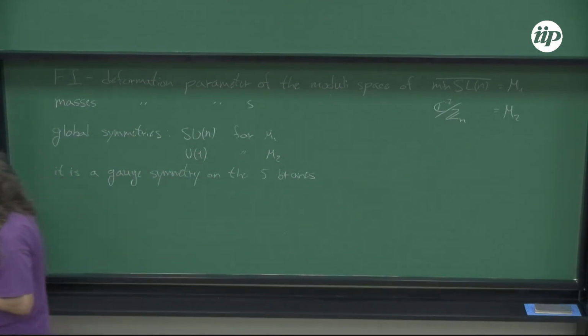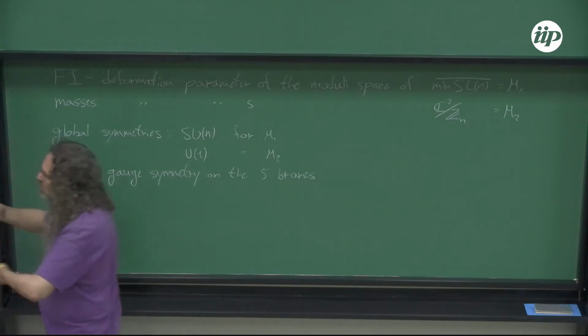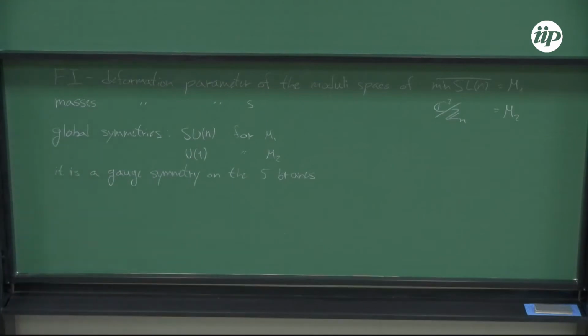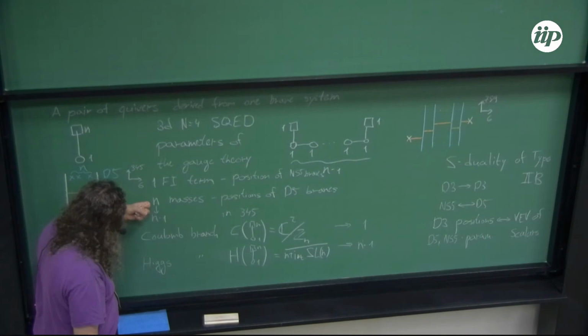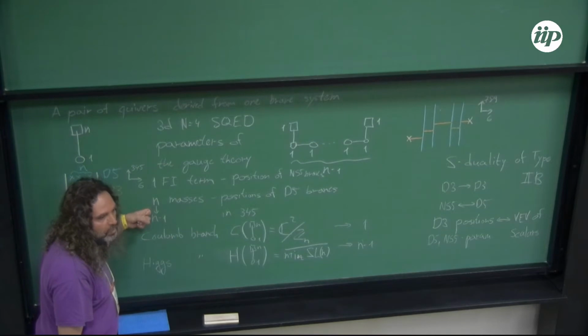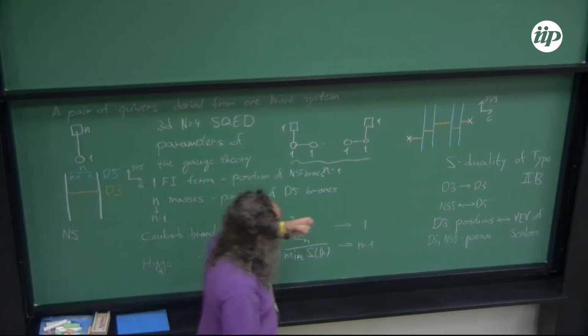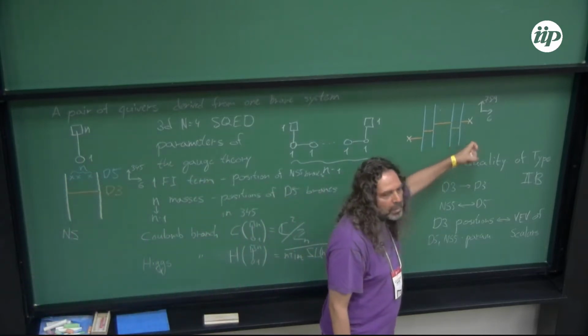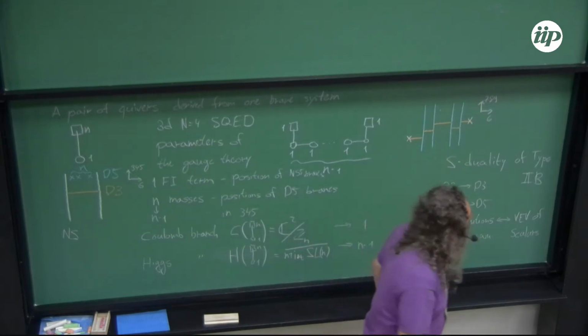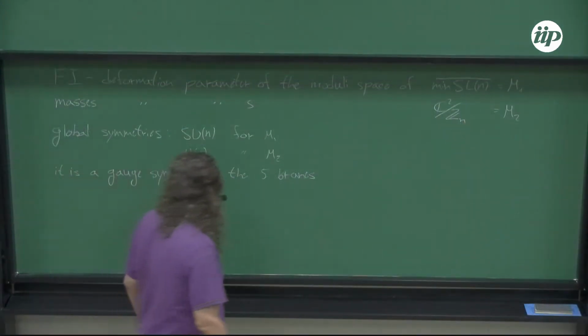On the other hand, if I look at this picture, I have two NS5 branes, but they are far apart. So there is a U(1) gauge symmetry here and another U(1) gauge symmetry here. And because of this choice of center of mass, for the case of n masses, I drop from n to n minus 1. Here I drop from U(N) to SU(N). And over here, I have U(1) times U(1), but there is an overall U(1) that I can remove.